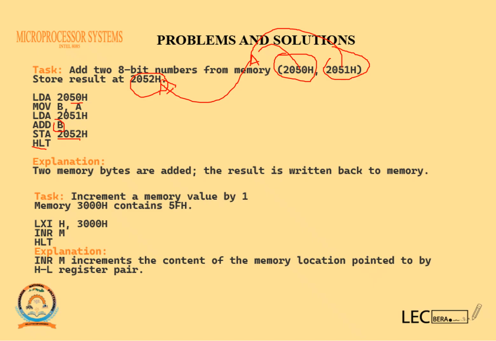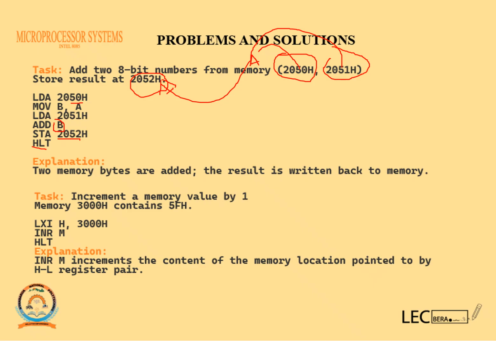Now, because it's a 16-bit data, we are supposed always to hold that data using what? A register pair. And here we are going to have a register pair H and L. So LXI H. So we are loading what is inside 3000H inside the register pair HL, where 5 will go to H, F will go to L. And then we are going to increment memory.